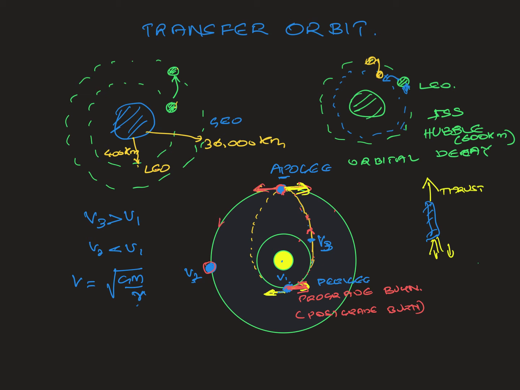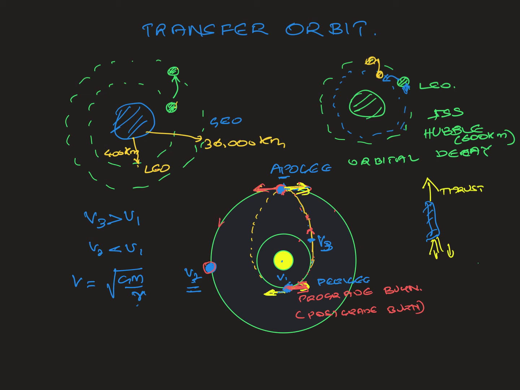But by the time the satellite comes to apogee, the velocity is reduced to a point that we need another boost. But even after providing the boost, we now got a velocity V2 which is less than V1. So we should be aware how the velocities change from the low orbit to high orbit.